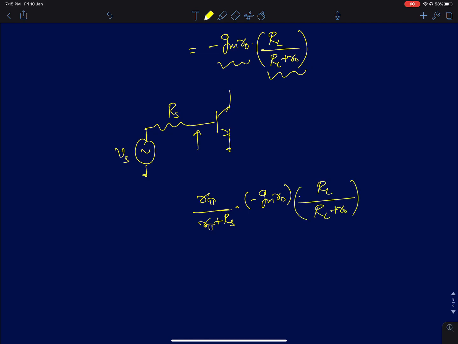So this will be the expression for the common emitter gain when you load it with a finite load resistance, and you also drive it with a source with a finite source resistance. Here you can see both the input and the output ports have finite resistances, finite R naught and R pi. You'll see a reduction in the overall gain from the value of its intrinsic gain.